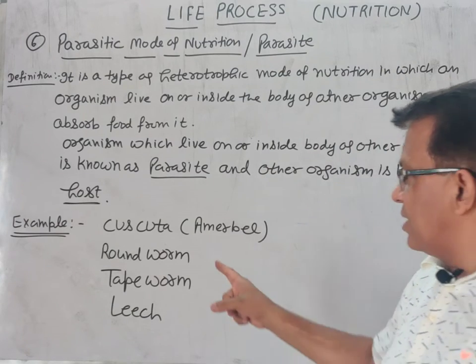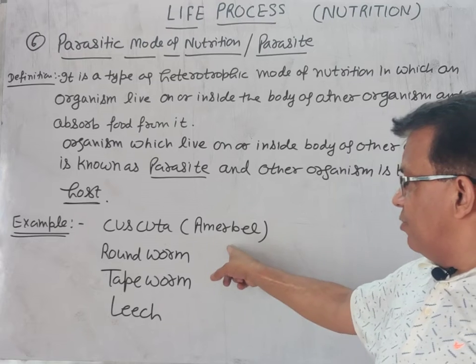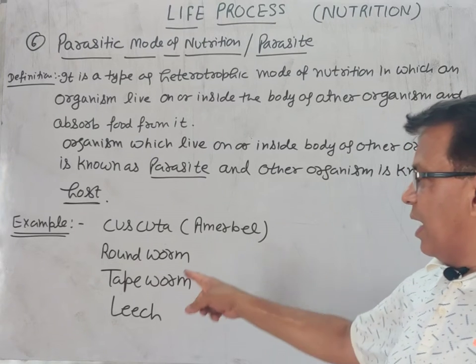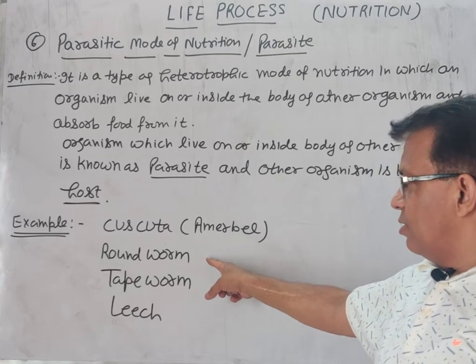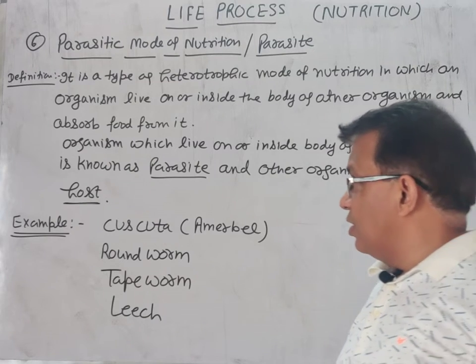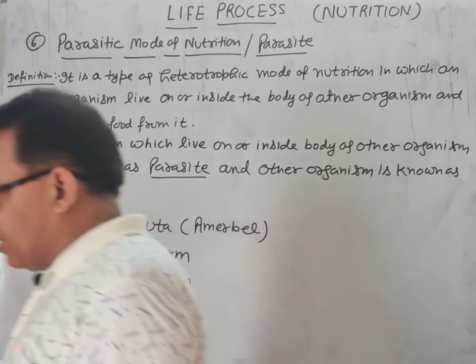Example of a plant parasite is kaskuta, known as amarbel in Hindi, and animal parasites are roundworm, tapeworm, leech, etc. Now we are studying the next mode of nutrition.